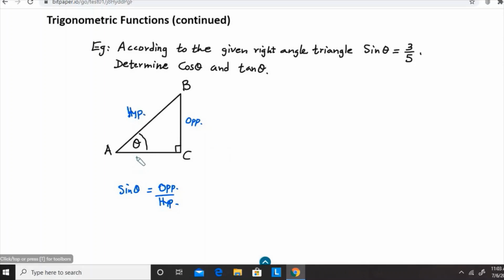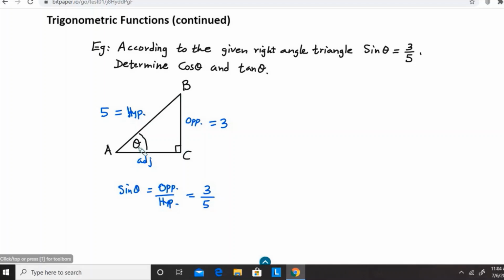And then adjacent to the angle other than the hypotenuse is the adjacent. So that means we are given sine theta is equal to 3 over 5. So that means opposite has to be 3 units and hypotenuse has to be 5 units. So this is 3 and this is 5.